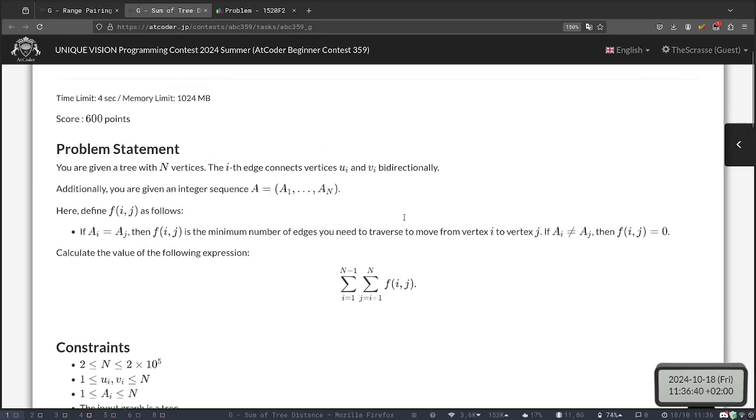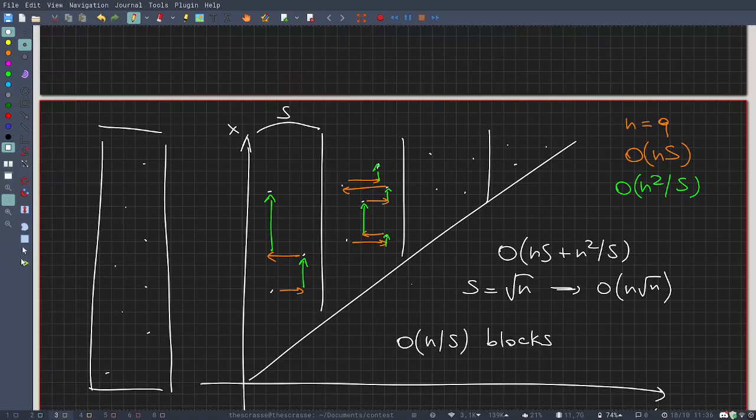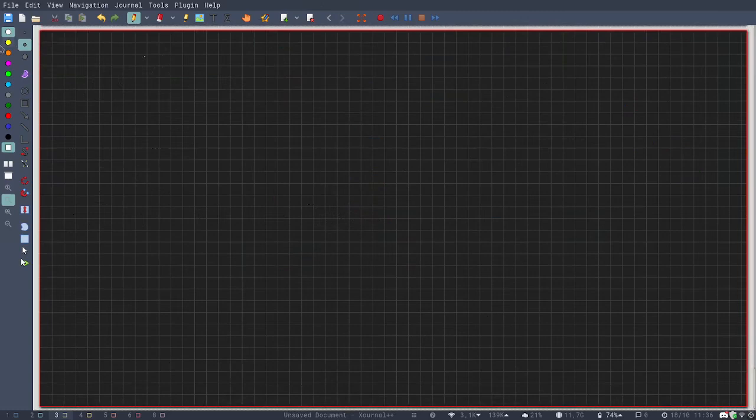But now we want to calculate this sum only over pairs of nodes with the same color. So we have these nodes: 1, 2, 3.